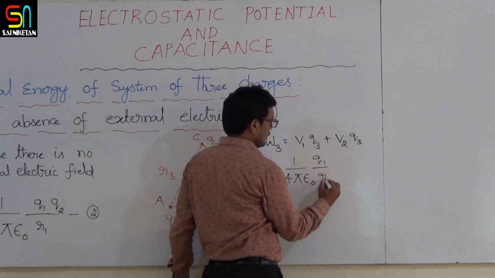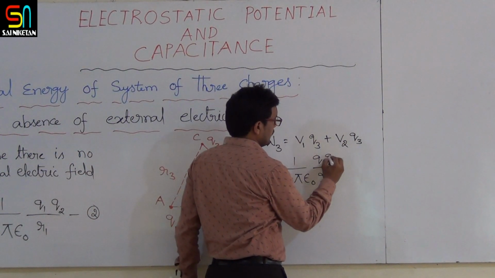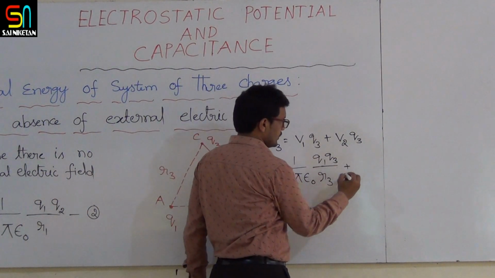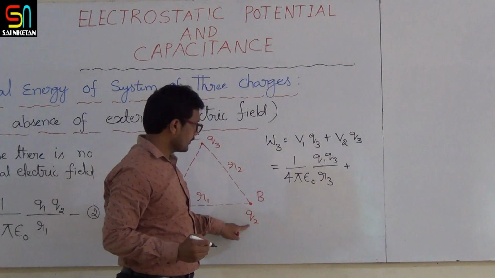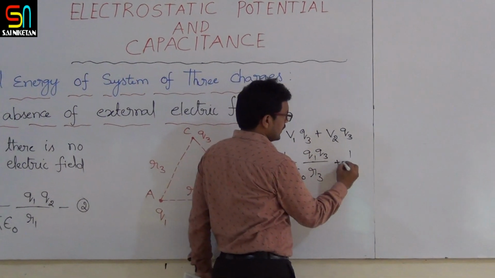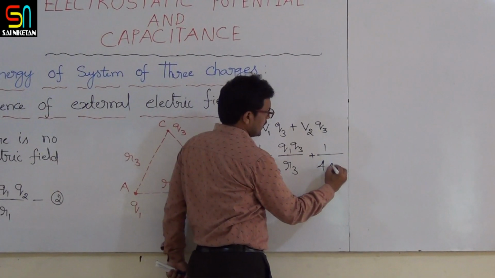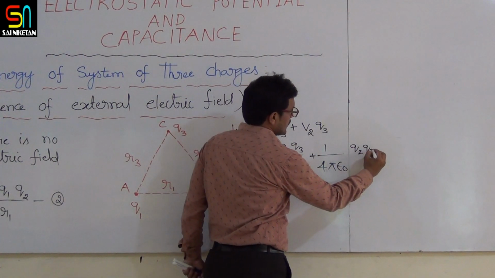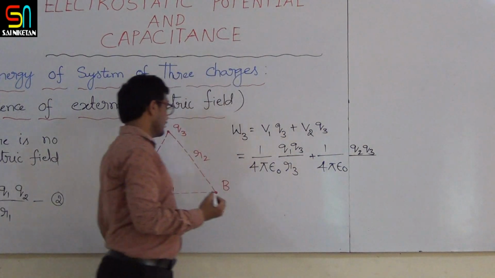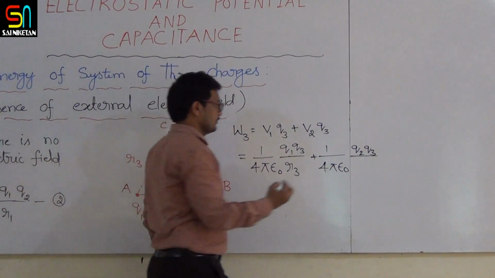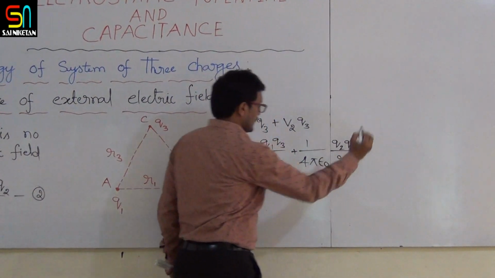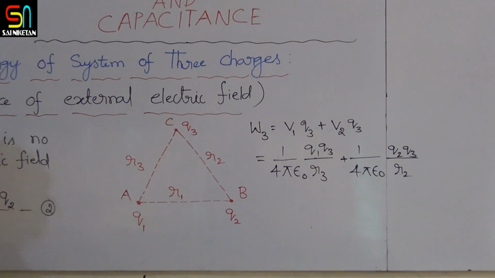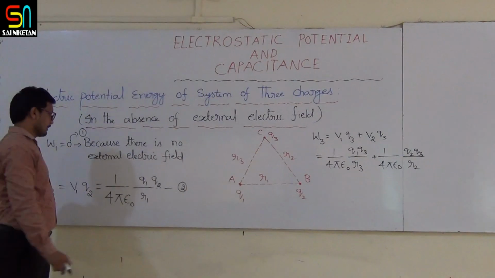So Q1 Q3 by R3, plus the potential produced by the charge Q2 is 1 by 4 pi epsilon naught Q2, the charge is Q3, divided by the distance R2. This is the work done to bring the third charge into the field, W3.